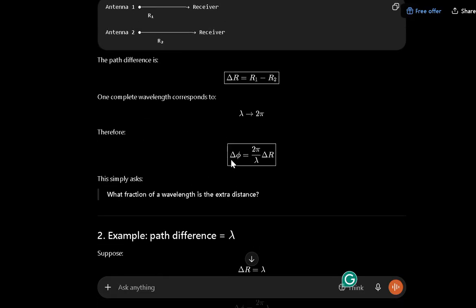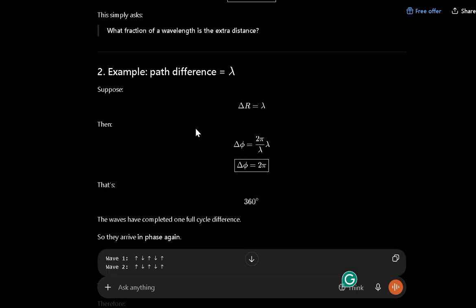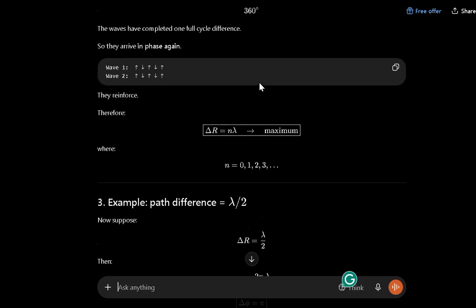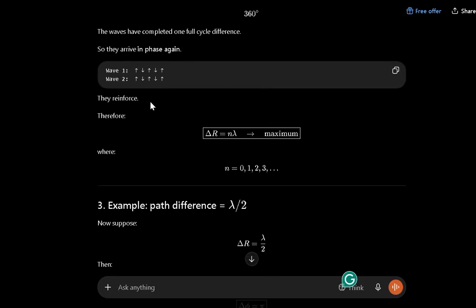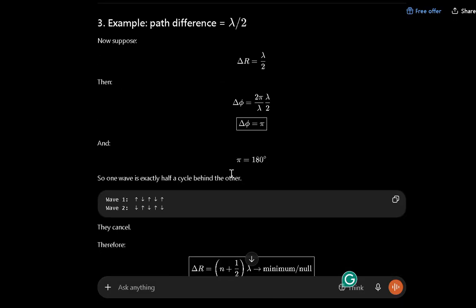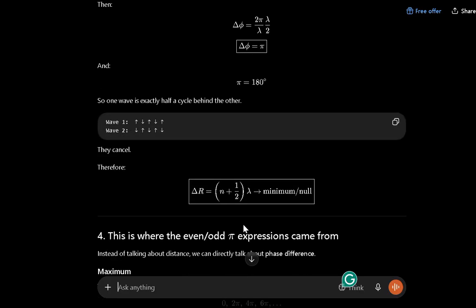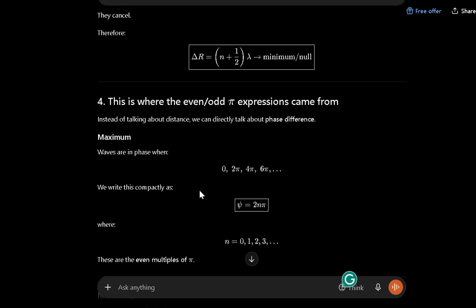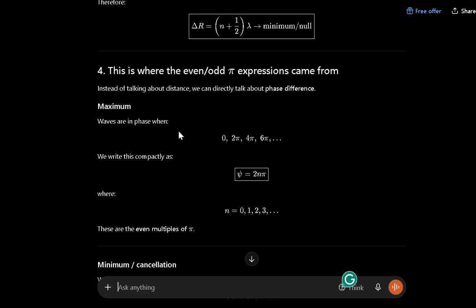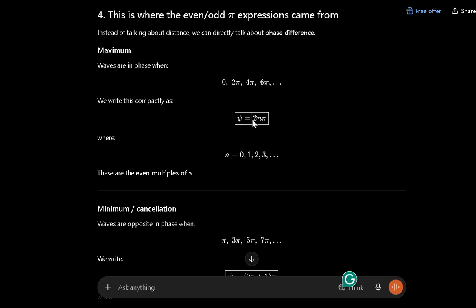Therefore, delta phi equals 2 pi over lambda times delta r, and a complete cycle corresponds to a path difference of lambda. For example, a path difference of lambda by 2 gives a phase difference of pi, where waves cancel, one plus minus one giving a minimum. This is where the expression came from.